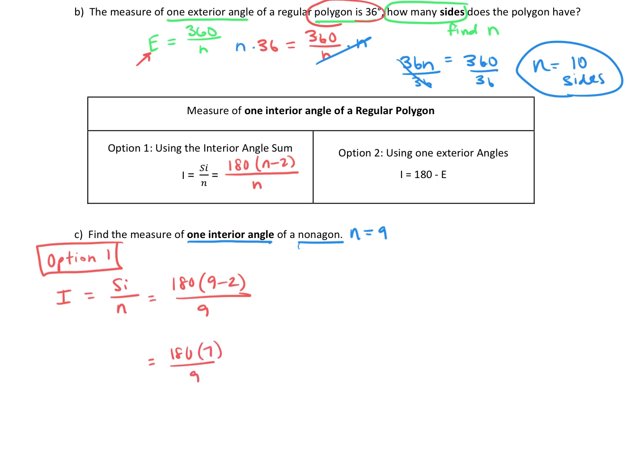Divide that by 9. And we get 140 degrees for one interior angle. All right, so how does option 2 work? Maybe you'll like option 2 better, or maybe you'll like option 1 better.